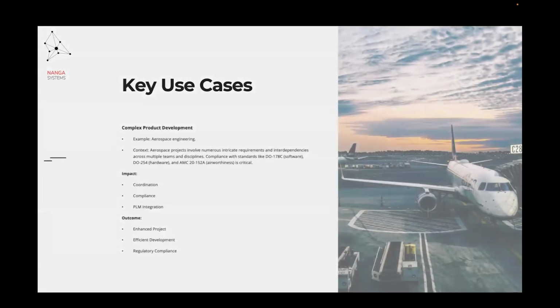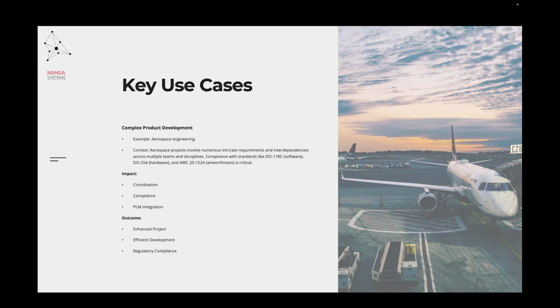Our third use case is complex product development. A very good example is aerospace or aviation engineering, where the context is that these projects might involve numerous intricate requirements and interdependencies affecting multiple teams.